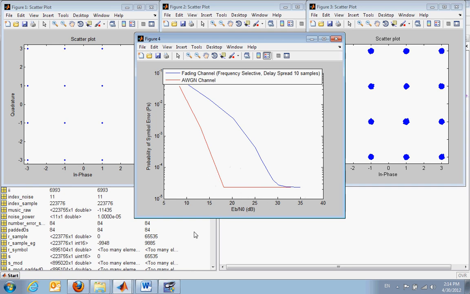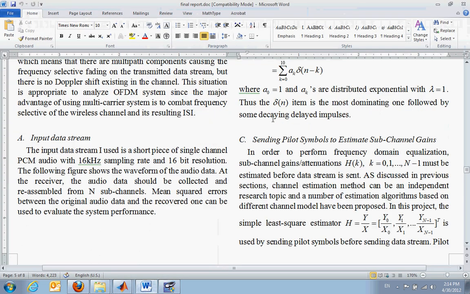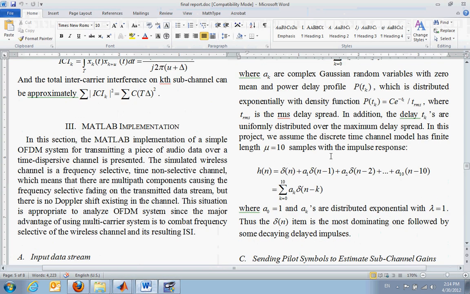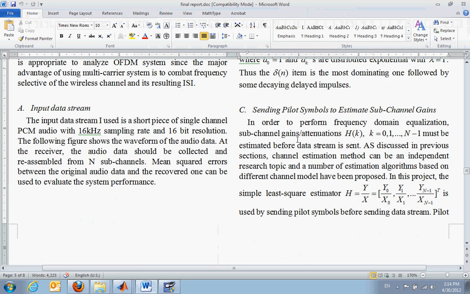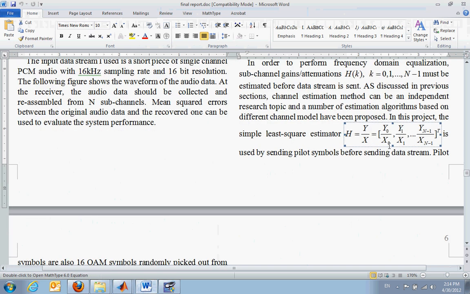As I mentioned, before sending the actual data stream, I send some pilot symbols to estimate the channel attenuations for each subchannel. The estimator I used to estimate the channel gain is the least square estimator. This is not optimal, but simple enough.